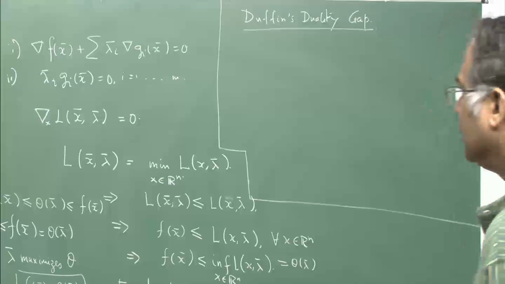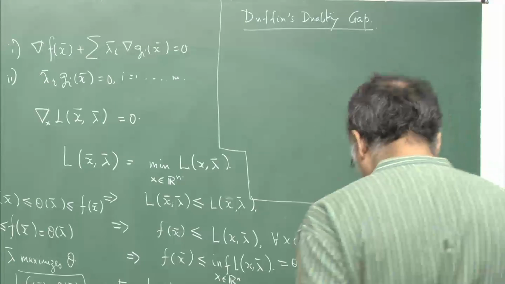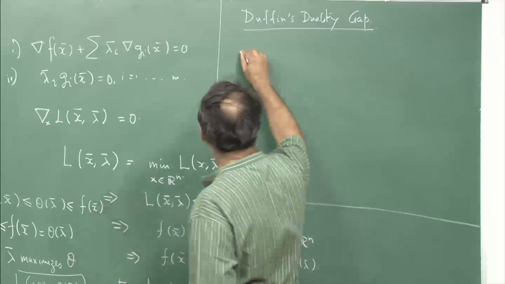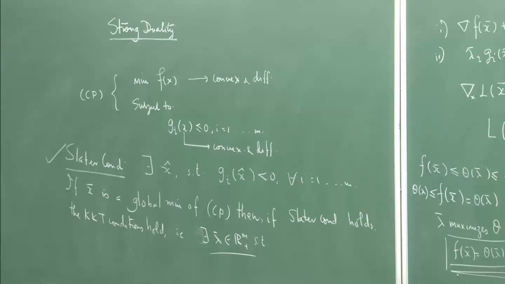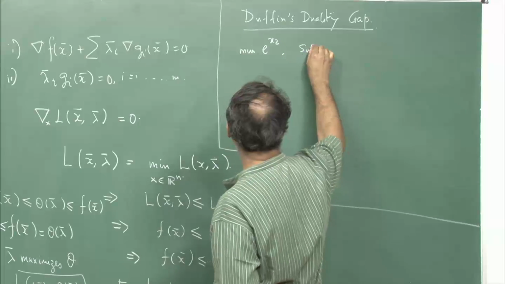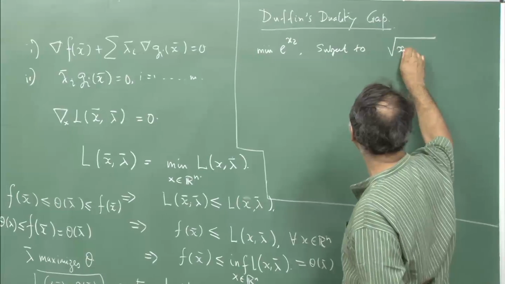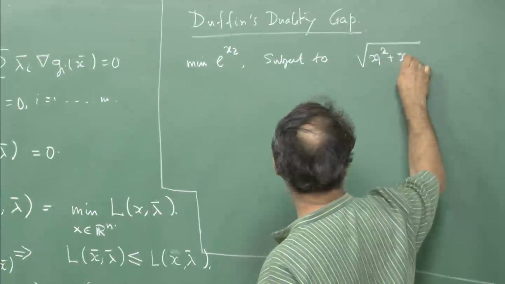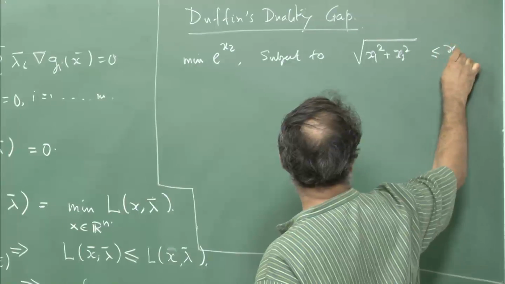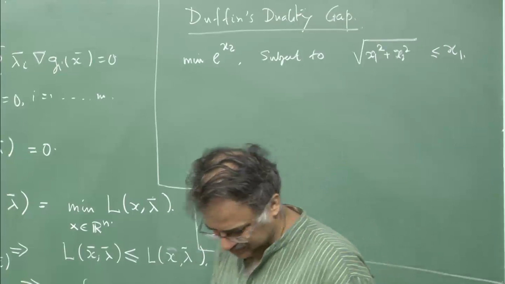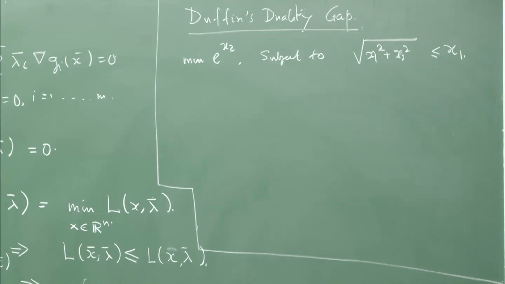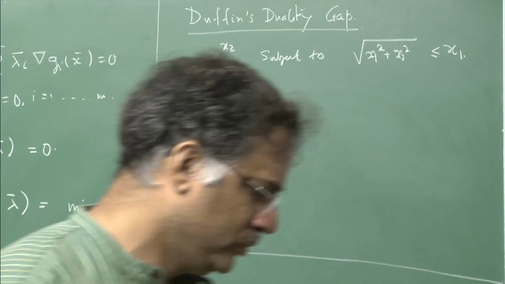Now, what I will do is the following. I will write down this very famous problem. The problem is to minimize subject to the first thing that you have to observe, that when I write root over x1 square plus x2 square is less than or equal to x1, it simply means x1 square plus x2 square is less than or equal to x1 square, which means x2 is equal to 0.